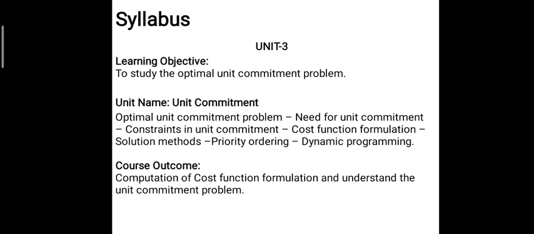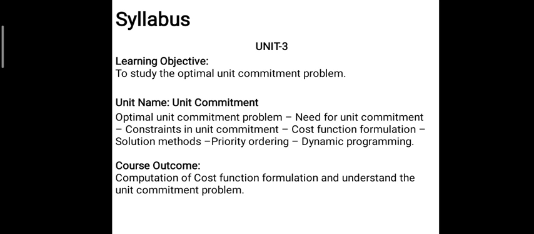Then in the dynamic programming method, the solution of an optimal unit commitment problem with the dynamic programming method, the procedure for preparing the unit commitment table using the dynamic programming approach, the mathematical representation of the dynamic programming method, and finally, a model problem on the dynamic programming method.